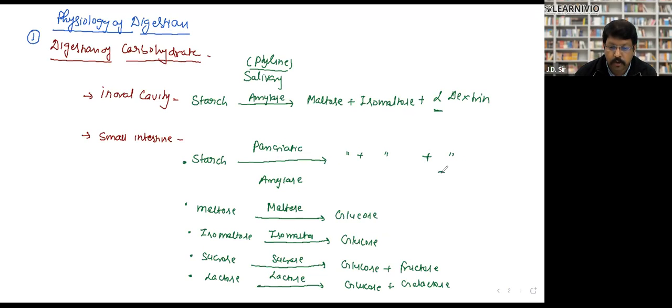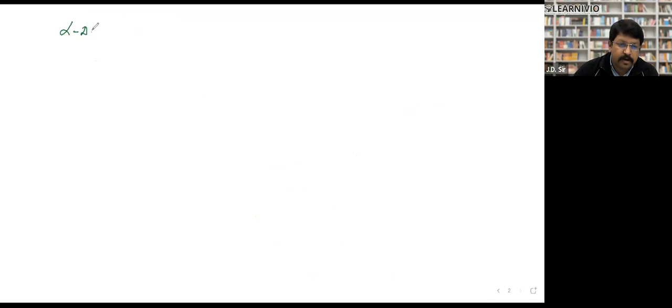So again, alpha dextrin is broken down into glucose. Again, the enzyme is alpha dextrinase. So alpha dextrinase breaks it down into glucose.